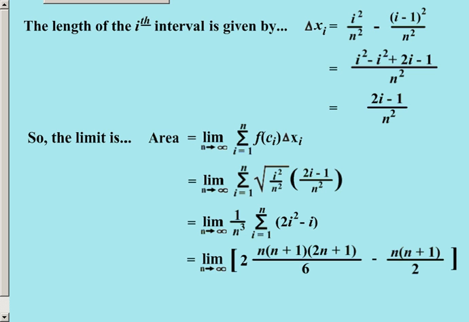Now it looks like I've lost my 1 over n cubed here momentarily. Hopefully I find that here in a moment. Okay, simplifying the algebra, 4n cubed plus 3n squared minus n over 6n cubed.